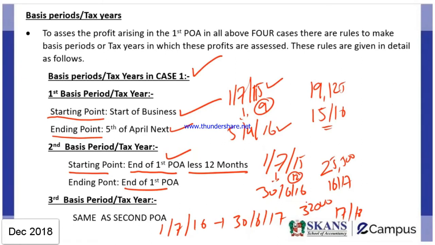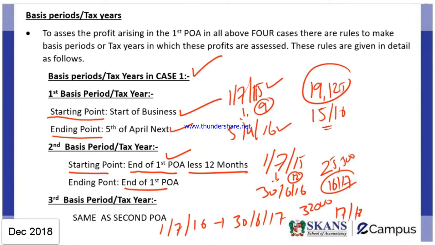As you see, in this case the profits of 25,500 are assessed as 19,125 in 15-16, and then again these 19,125 are assessed in 16-17, because we apportion the 25,500 in 15-16 and then take the 25,500 again in 16-17.